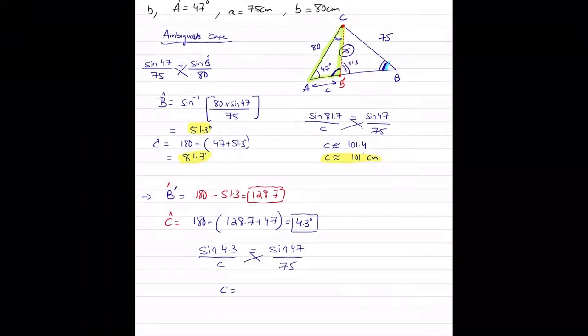What are you getting? 7.68. 7.68. What is after 8? 9. So it will be 7.69 in three significant figures. Okay, that is the length c.